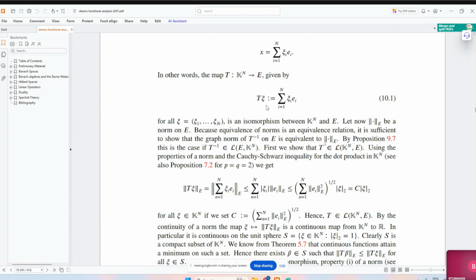How does T inverse exist? Because T is one-one and onto, as it is a linear isomorphism. So by a previous proposition, T inverse belongs to L(E, K^n). That's obvious: if T is a linear map, then T inverse is also a linear map.